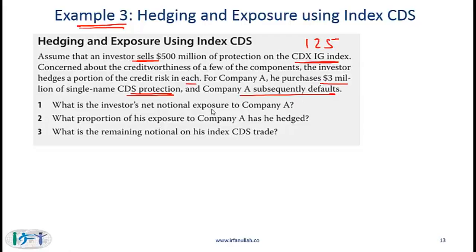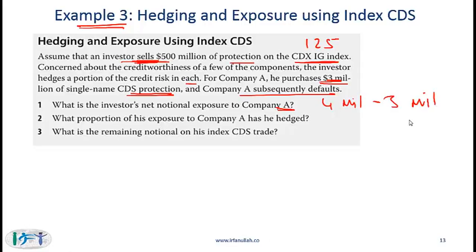Company A subsequently defaults. What is the investor's net exposure to A? Based on this position where the investor sells protection, the amount associated with company A would be 500 over 125, which is 4 million. So this is 4 million of protection which has been sold. And then here we have 3 million of protection which is purchased.